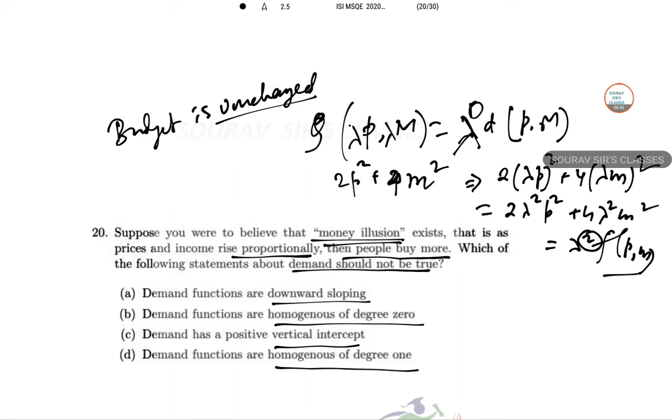Now if demand for a good increases, so in this case lambda is greater than 1, then clearly this is a violation of the assumption that the budget cannot be changed. The budget is limited and it cannot be changed. So option number B is correct.